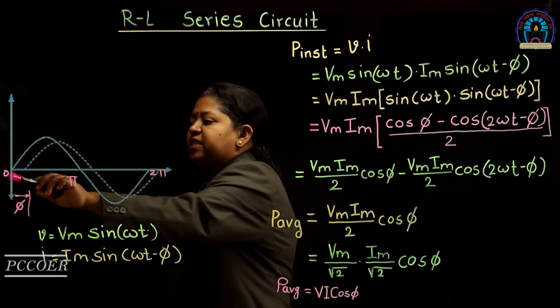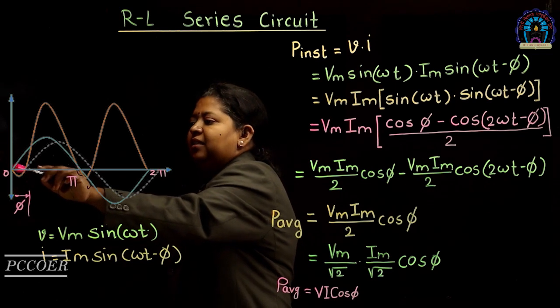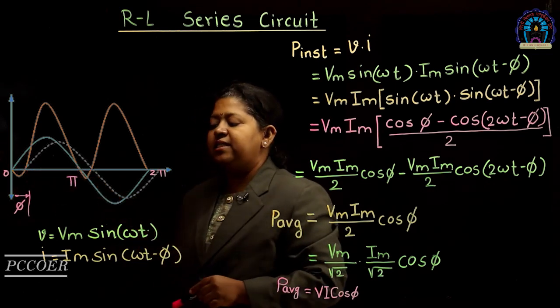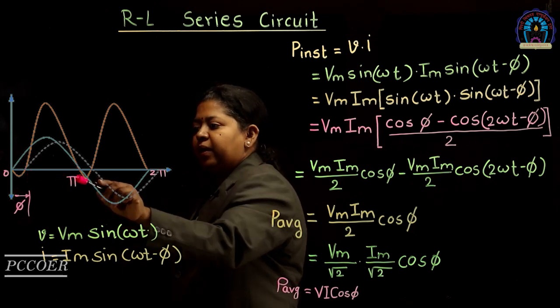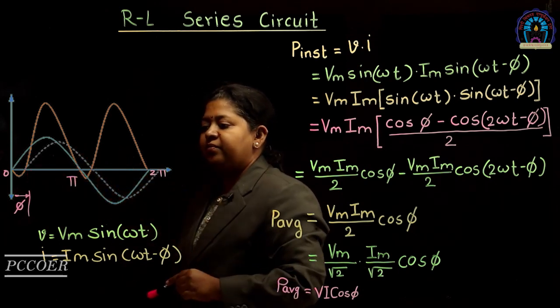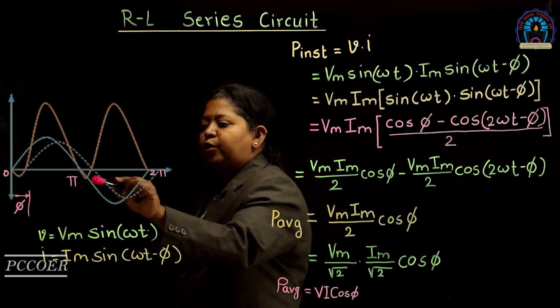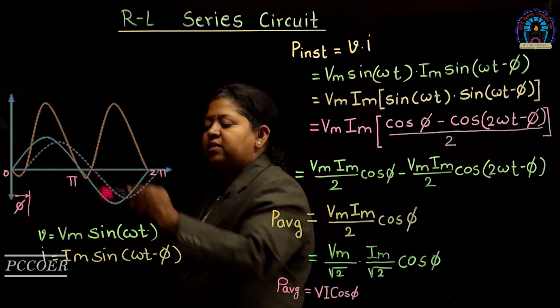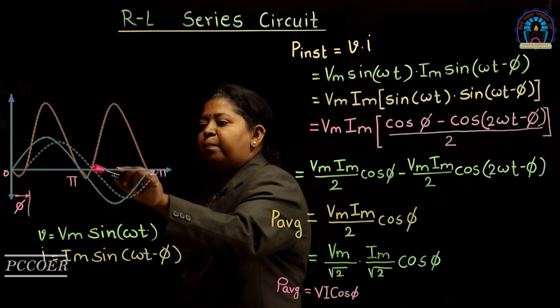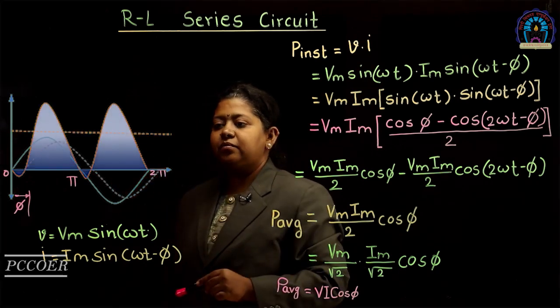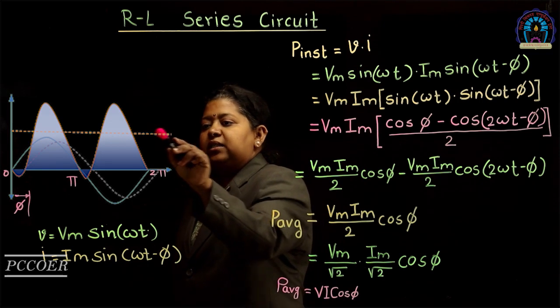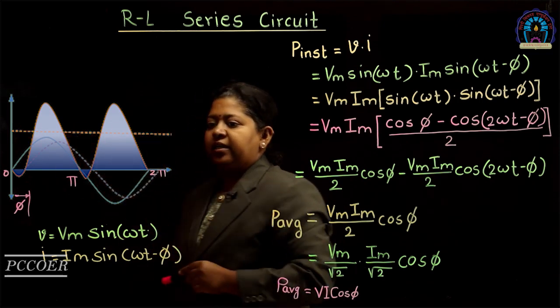Between 0 to phi, power is negative. From phi to pi, power is positive. From pi to pi plus phi, again power is negative. From pi plus phi to 2 pi, power is positive. This is the average power line.